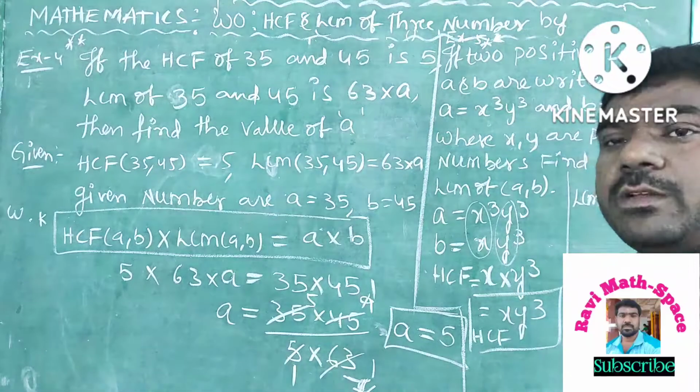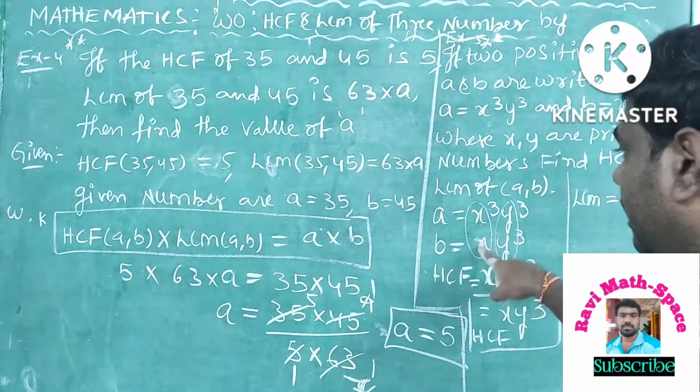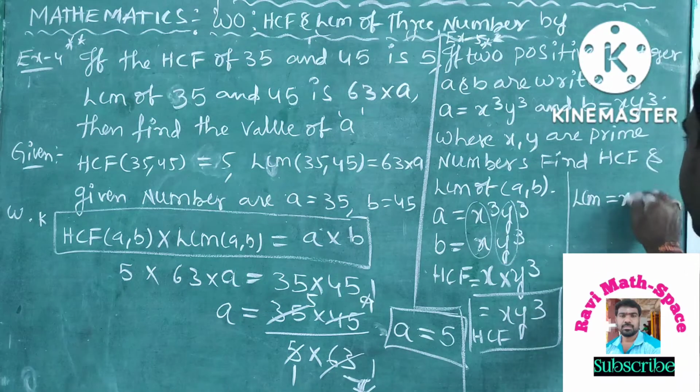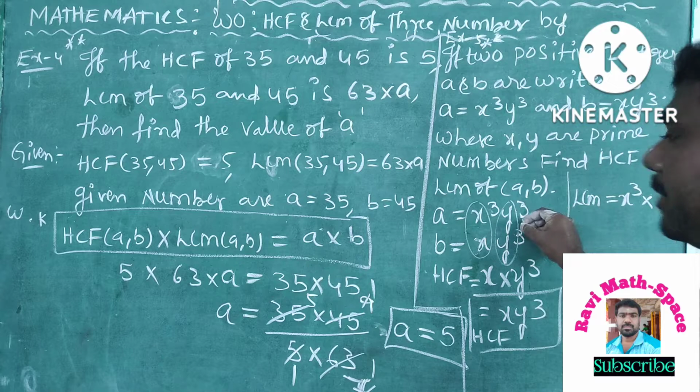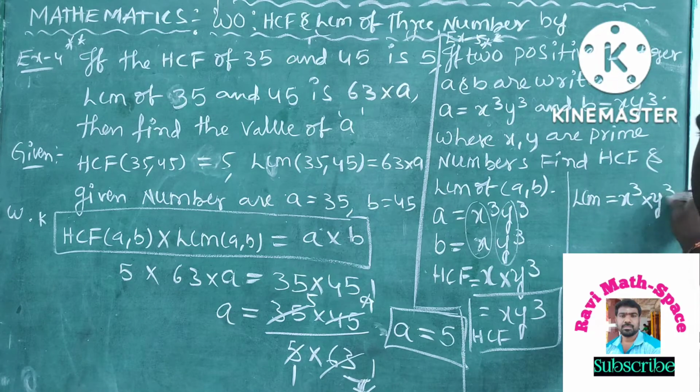Greatest power for each prime factor. For x, the greatest power is cube, so we take x cube. And for y the greatest power is 3, so take it as it is. Therefore LCM is equal to x cube into y cube.